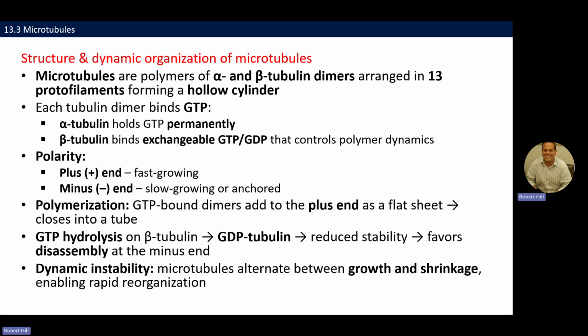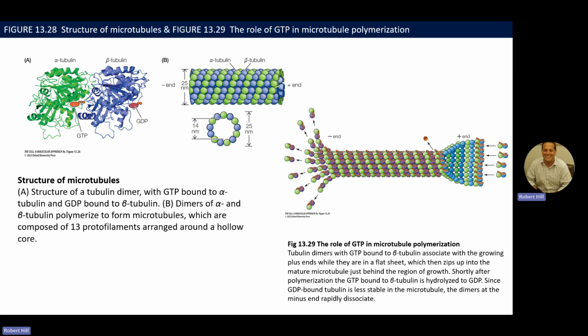Once it's incorporated into the microtubule, the GTP on beta tubulin hydrolyzes to GDP, and that weakens the binding and predisposes the filament to depolymerize. It's this really brilliant architecture that allows microtubules to be very stable and flexible and support very rapid reorganization when needed.